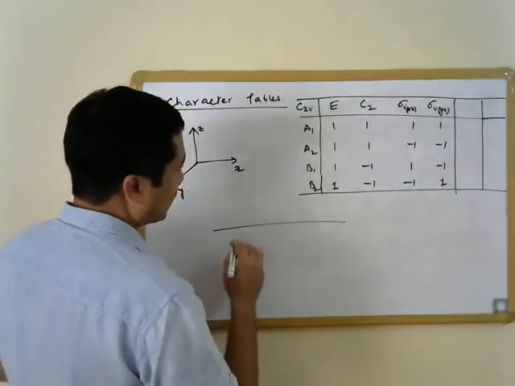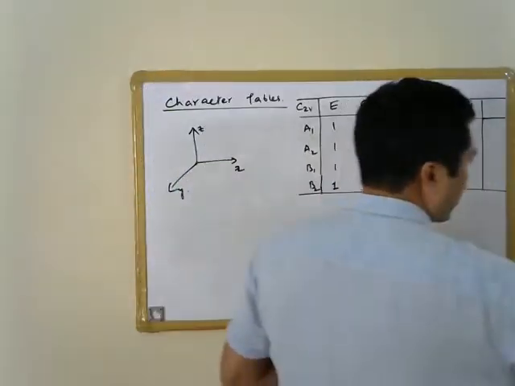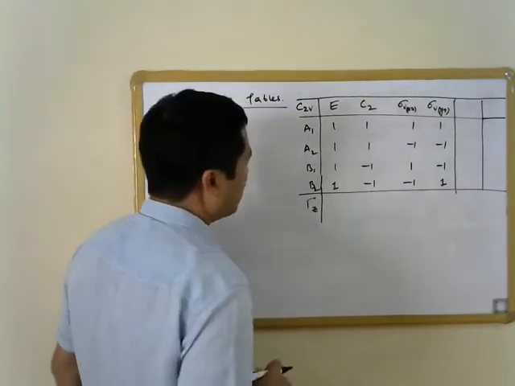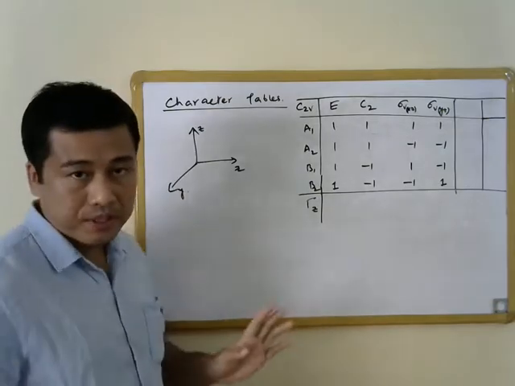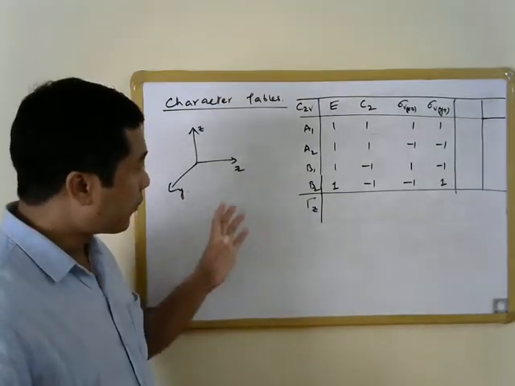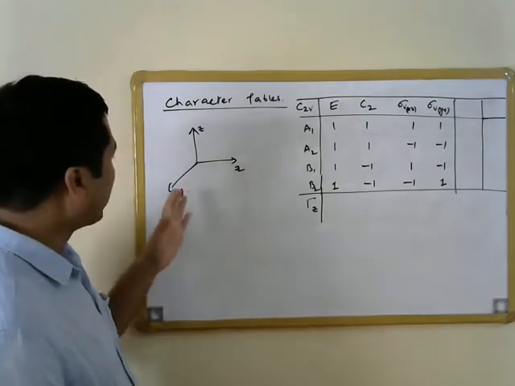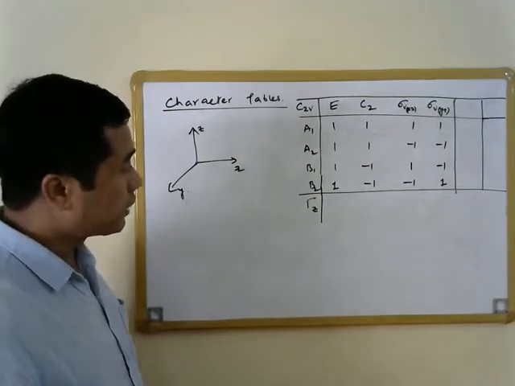So let's do that. Let's take the z coordinate as the basis only. We will find the representation by taking only the z coordinate as the basis, and we will ignore x and y for the time being. So that is going to be gamma z for us.